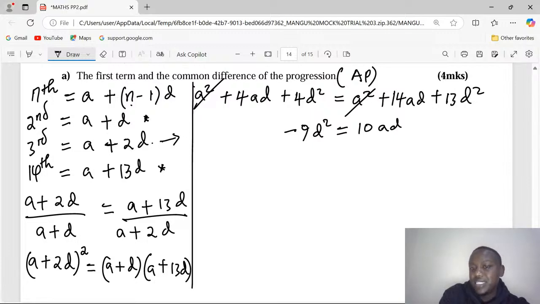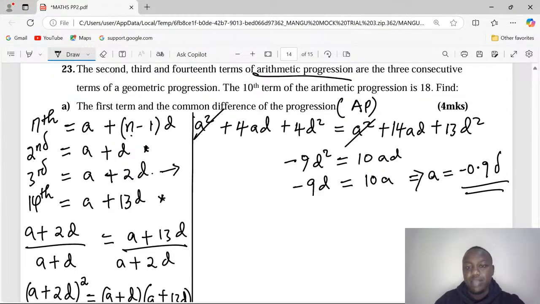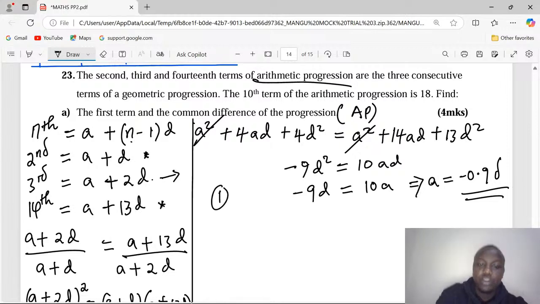So we can see D is appearing on both sides. So this can be negative 9D equals 10A. And the value of A can be written as negative 0.9D. That is equation 1.